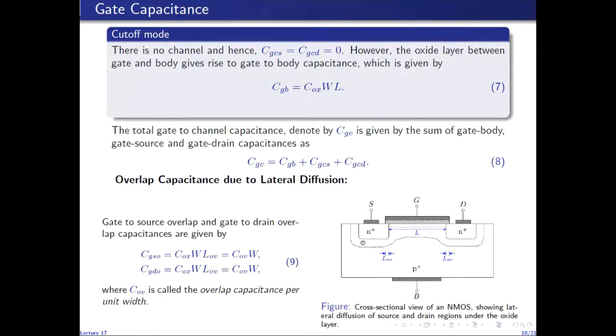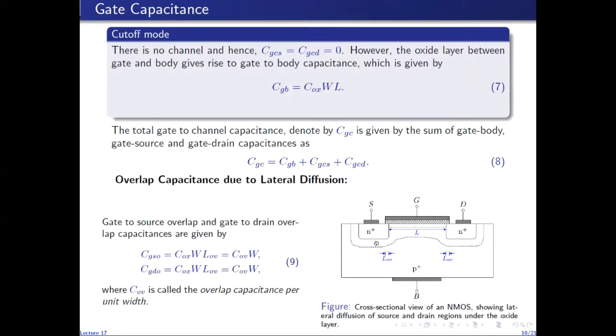So there is a junction at the bottom side of the source region between source and body. There is a junction at the front face between source and body. There is a junction at the back face, and there is a junction at this side wall, at this side face between source and body. There is no junction on this side because this side of the source region faces the channel. So there are 4 components.